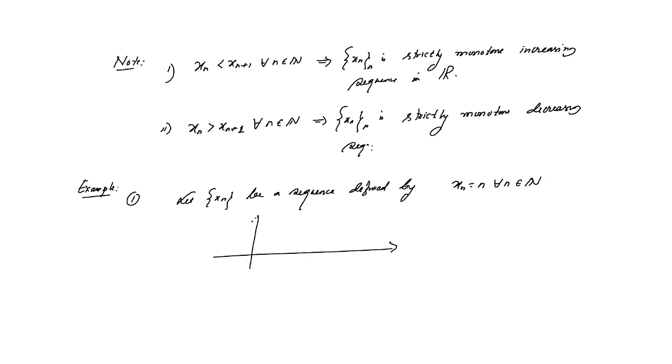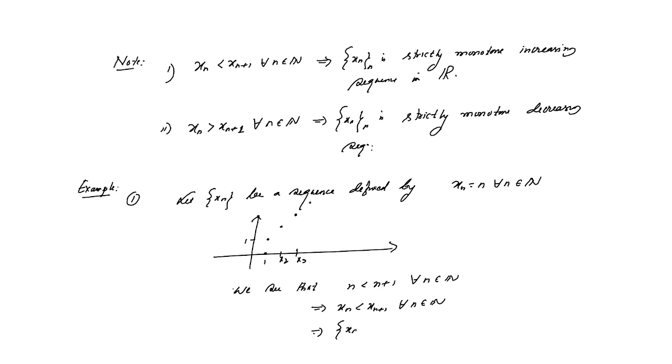And if you see the graph, x1 is 1, x2 is 2, x3 is 3 and so on. So if we see the elements of the sequence, we see that n is less than n plus 1 for all n belongs to natural number. So that means xn less than xn plus 1 for all n belongs to natural number.